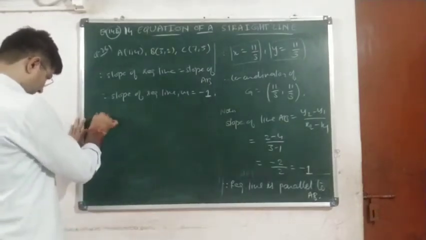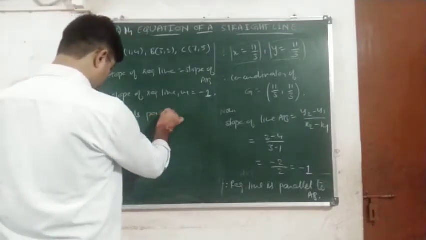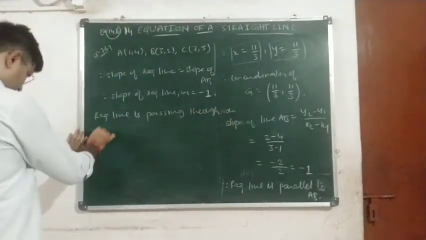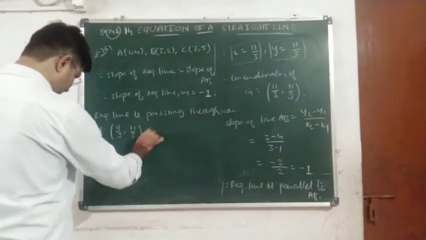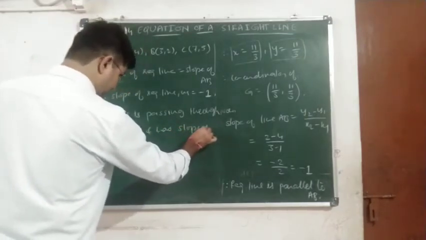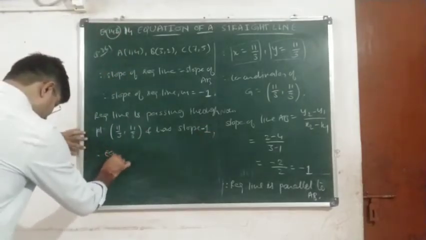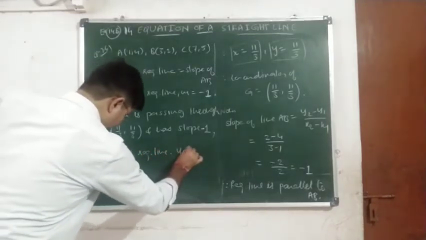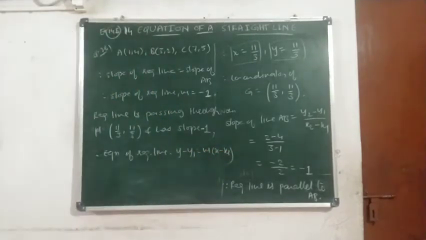Now the required line is passing through the point 11 upon 3, 11 upon 3 and has slope minus 1. Clear? And therefore the equation of the required line will be given by y minus y1 is equal to m into x minus x1.